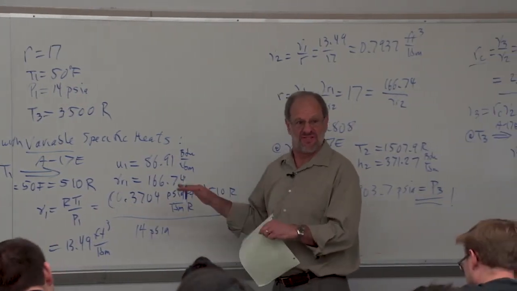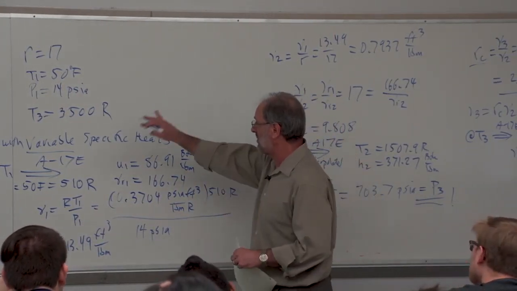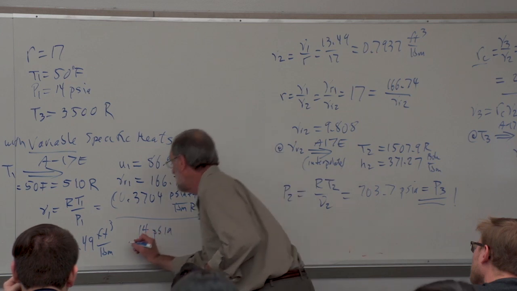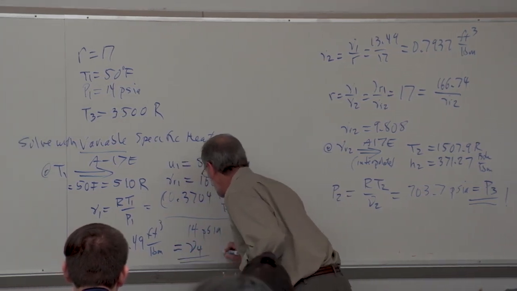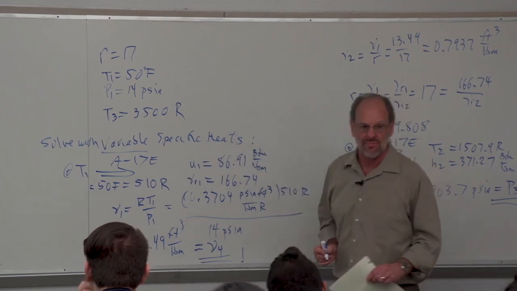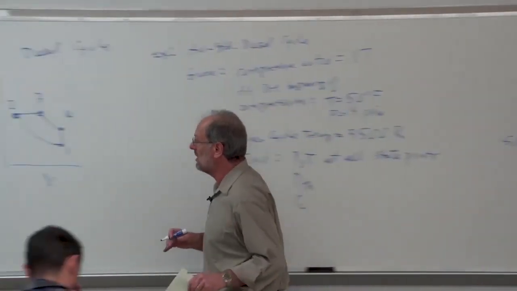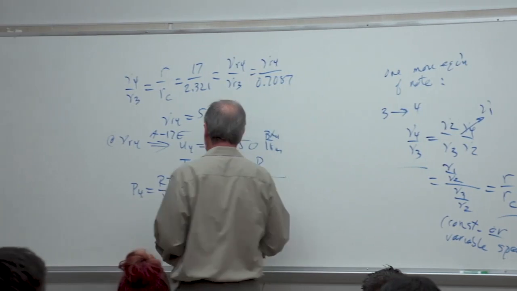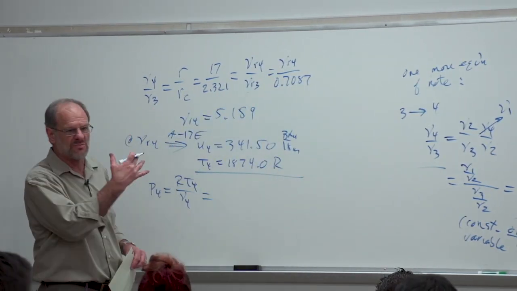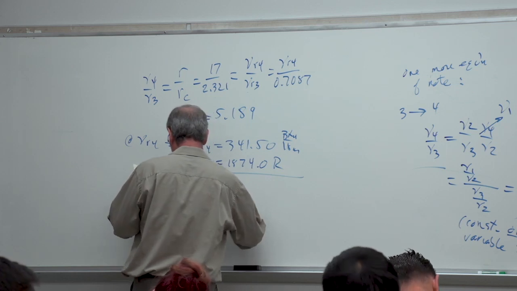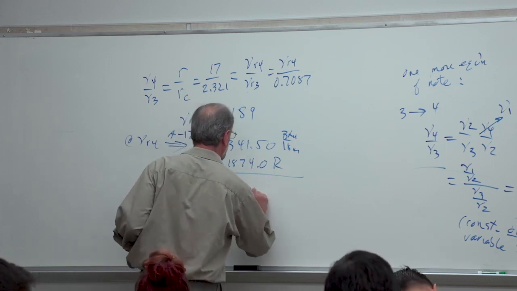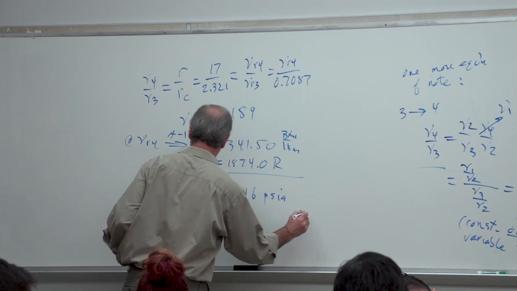I mean, I probably should have said that at the time, but you can go all the way back to this first setup in the problem and just remind yourself that V4 and V1 are the same. So we do have V4. It's 13.49. So again, in the interest of saving time, just plug in all the data, and we end up with a pressure at 0.4 of 51.46 psia.